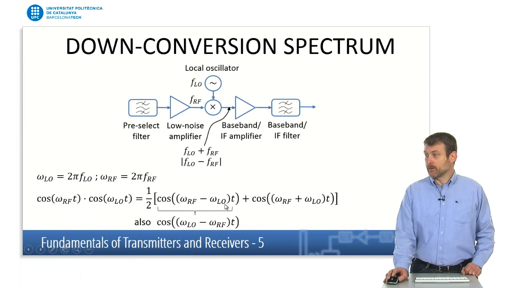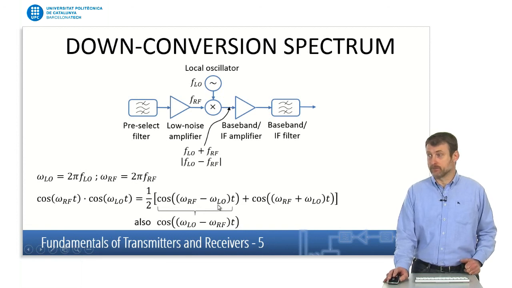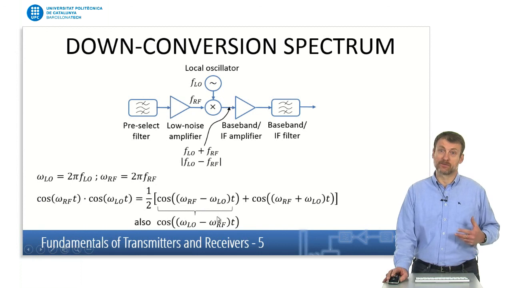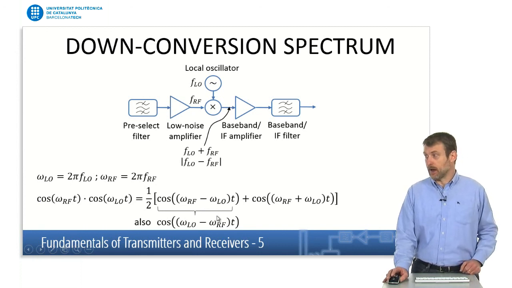Note, however, that in this identity we have a cosine, so in principle it would make no difference whether this is a positive or a negative term, and we will see that this has some consequences that I will discuss next.